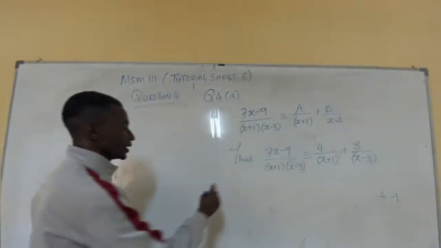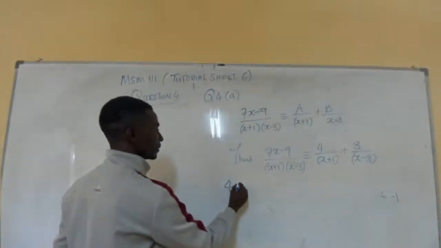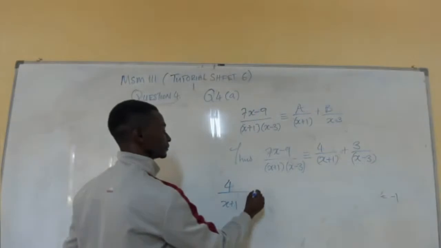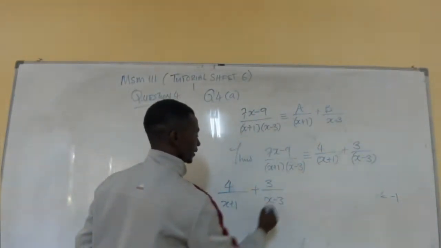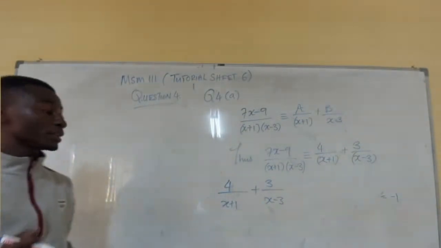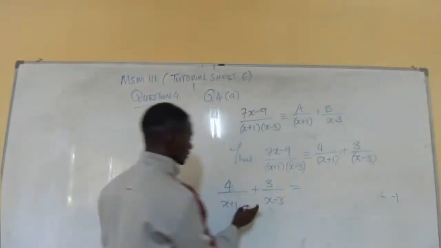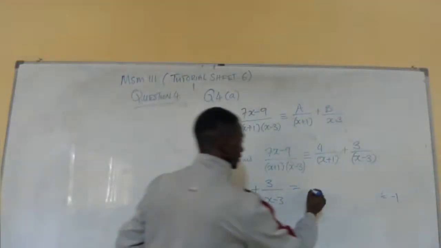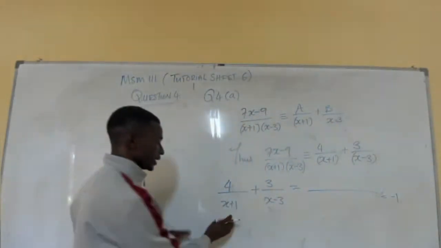So our partial here is 4 over x plus 1 plus 3 over x minus 3. So if you want to check your answer, you solve this fraction. So solving this fraction, you find the common denominator. What is your common denominator here?